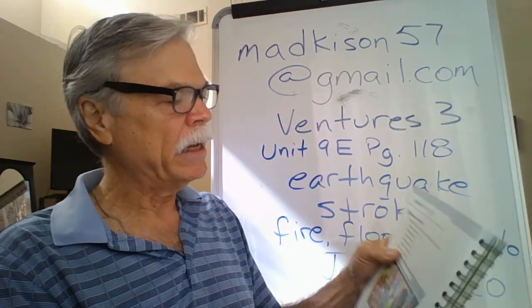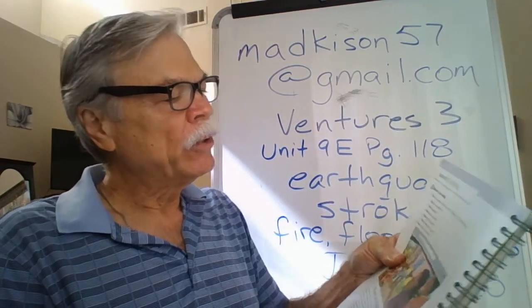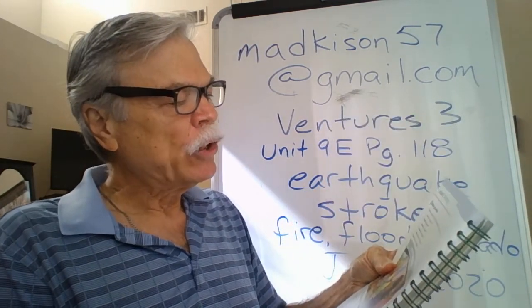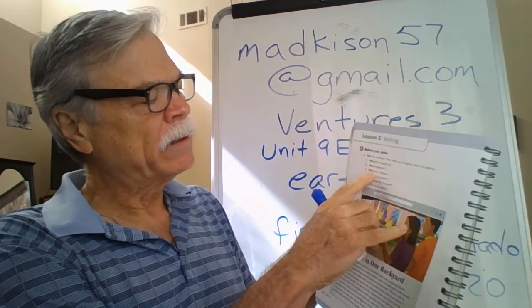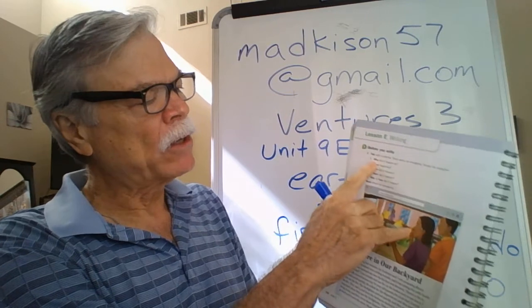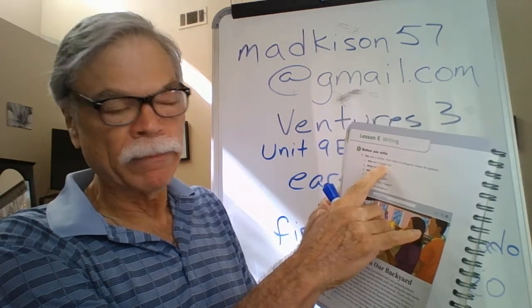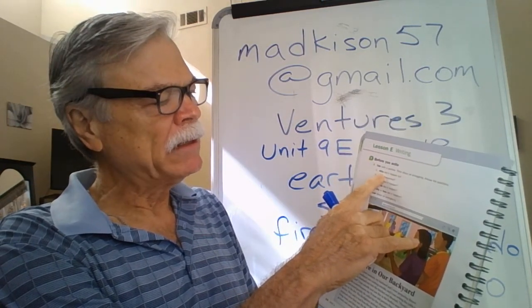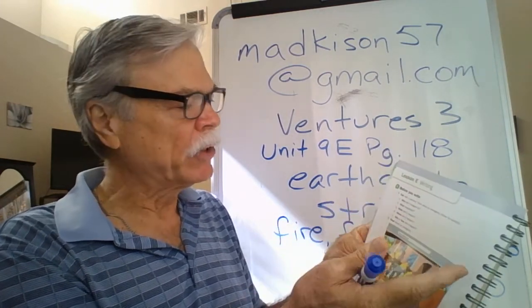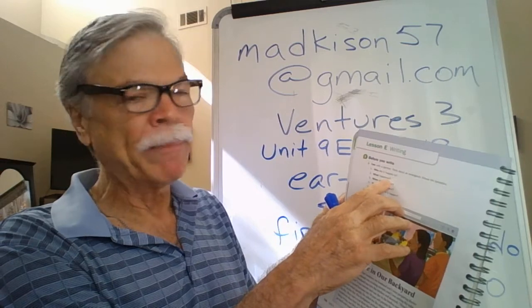So if you look in part 1A, you can see the words that are in bold type. It says who, what, when, where, why, or how. So who did it happen to? That means name the people that experienced the emergency. What happened?